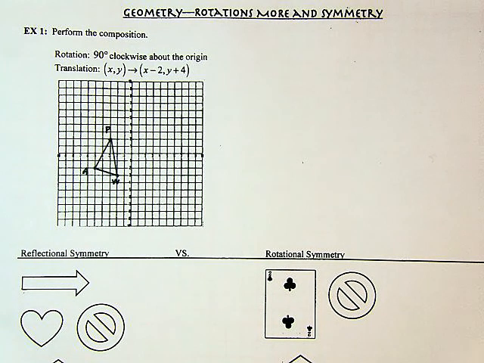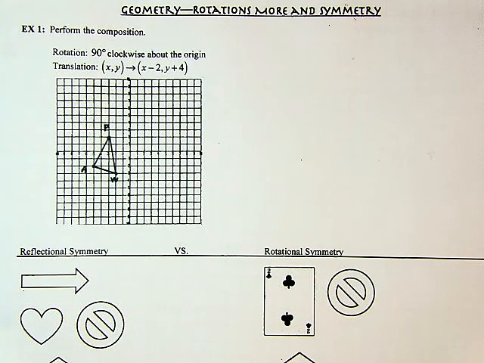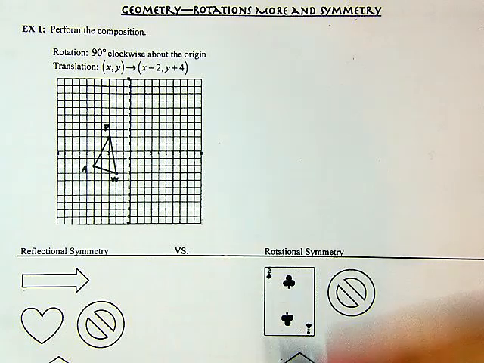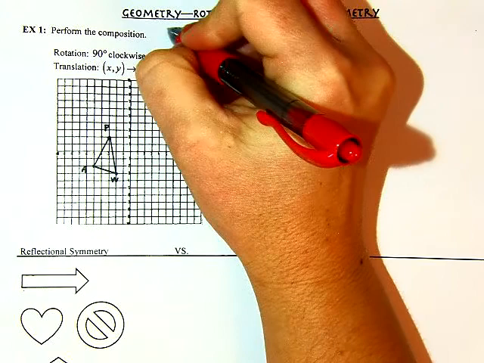All right, you guys, today we're doing a little refresher on rotations by doing a composition, and we're also starting symmetry. So first, in example 1, I'm saying perform the composition. A composition is really a combination of 2 or more transformations.